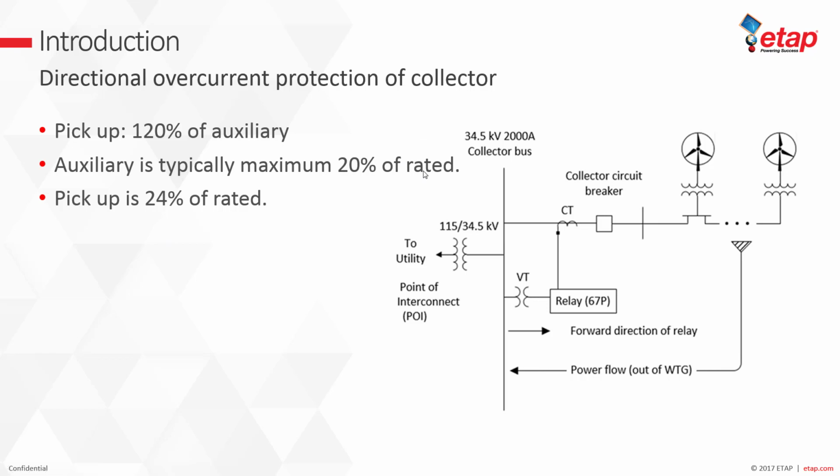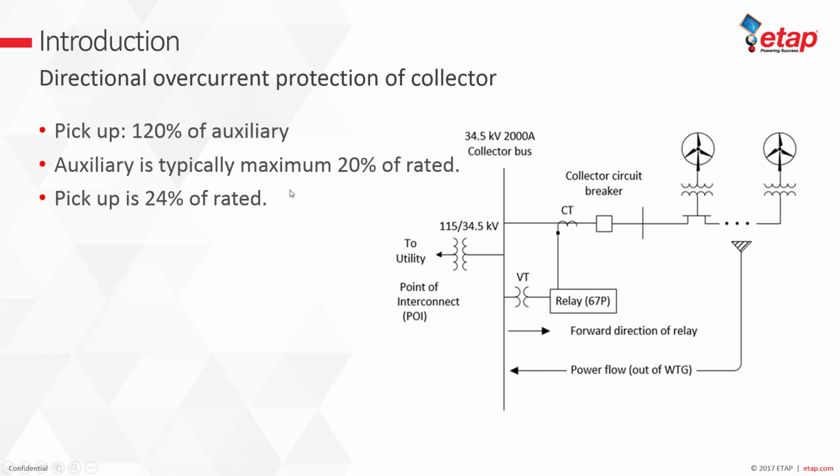The pickup for the phase overcurrent protection is typically set to 120% of auxiliary load, and as I mentioned, the auxiliary load is typically a maximum of 20% of rated.